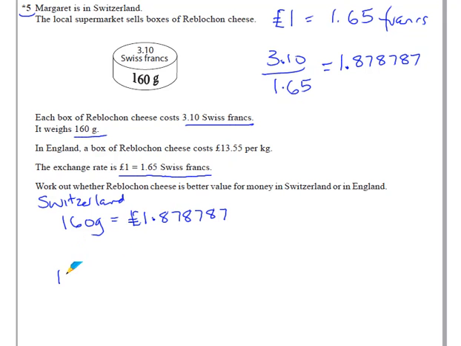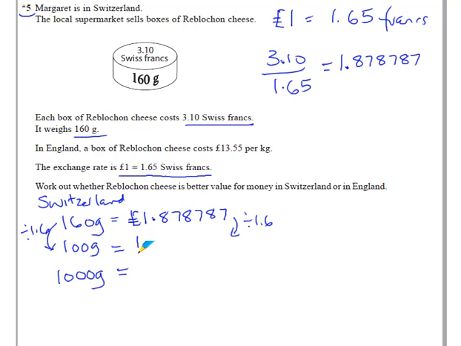So we need to get to 1,000 grams, because that is the same as 1 kilogram. So let's find out first what 100 grams is. So to go from 160 down to 100, we're going to divide by 1.6. If we do the same to the right hand side, divide by 1.6, again use a calculator.